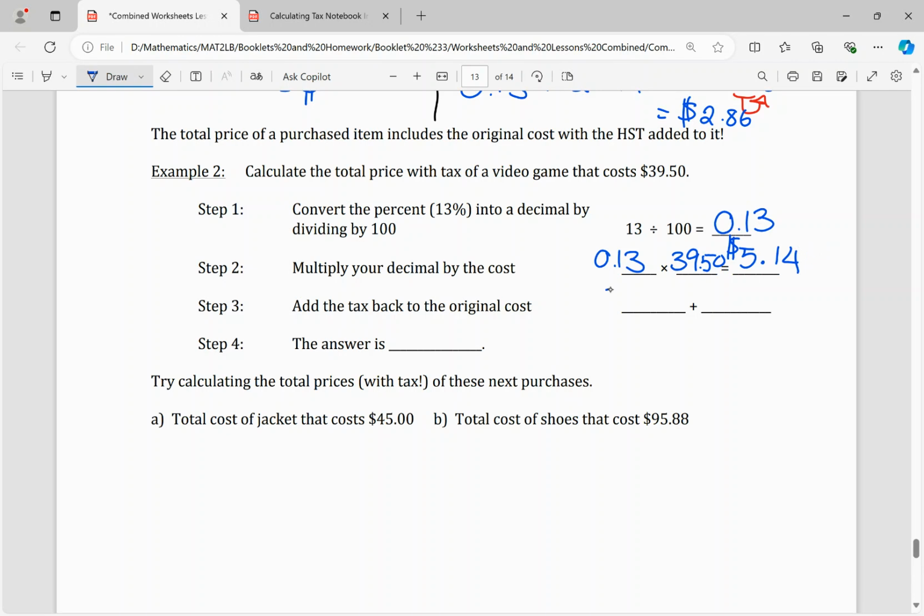In order to get the total price, we need to add the extra amount to our original cost, and we get the final amount, which is $44.64.